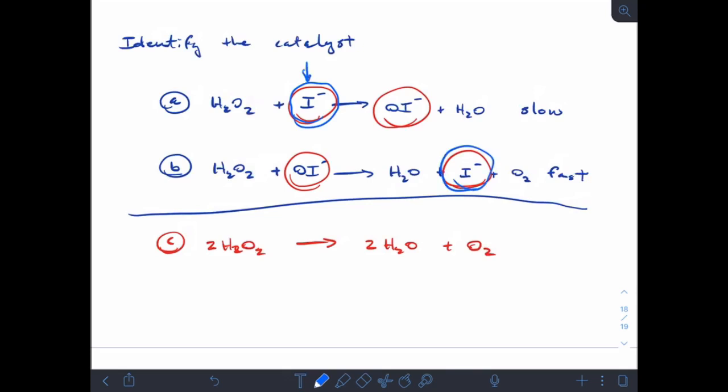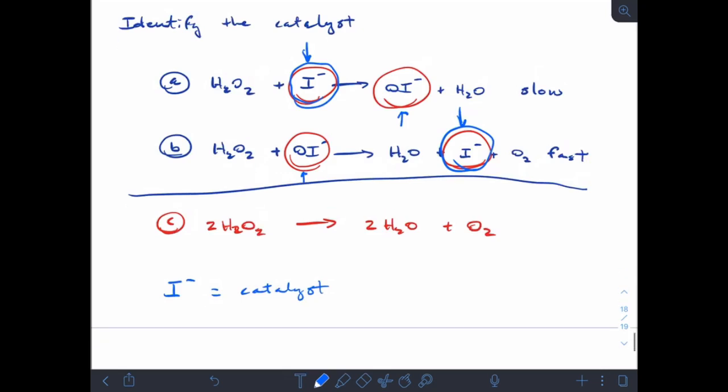We put I minus in at the beginning and we get it out at the end, so I minus is the catalyst. The OI minus is the intermediate. The OI minus is made in the first reaction and then used up in the second reaction.